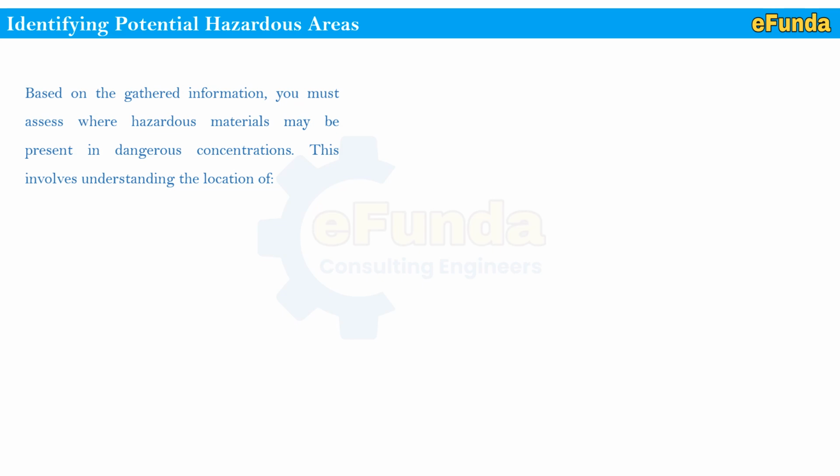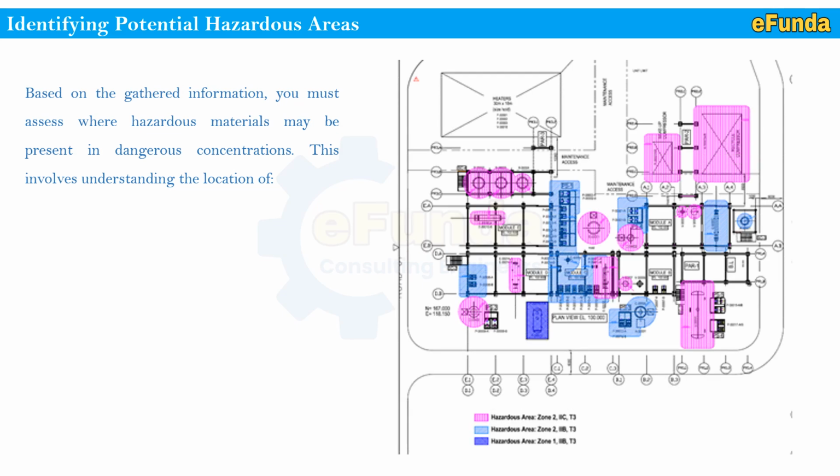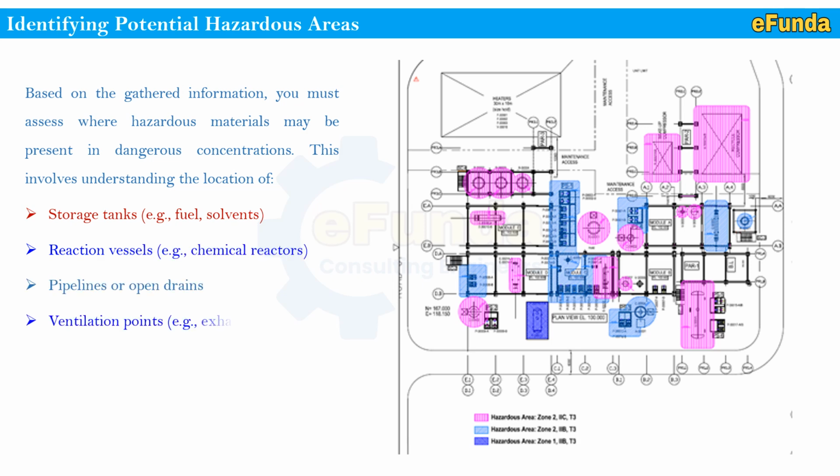One can refer to the layout view where the hazardous area marking is done with different colors to indicate the different zones, mainly pink, sky blue and dark blue for various area markings, which involves identification of storage tanks, that is fuel and solvent, reaction vessels, that is chemical reactors, pipelines or open drains, ventilation points, exhaust ducts, etc. This is how the identification is being done on the layout for clarity and identification purposes.